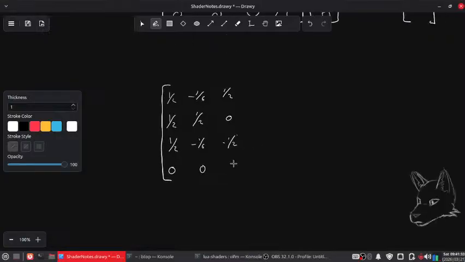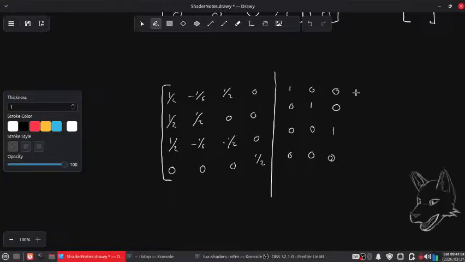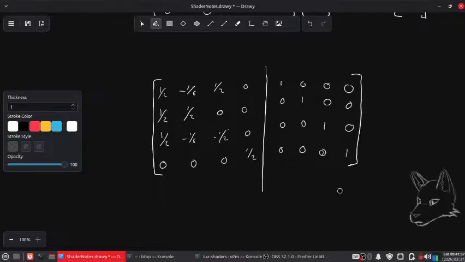Right? 0, 0, 0, 0, 1 half. And then here we do an augment of 1, 0, 0, 0, 0, 1, 0, 0, 0, 0, 1, 0, 0, 0, 0, 1, and we close it off.